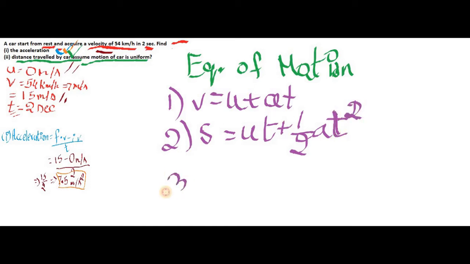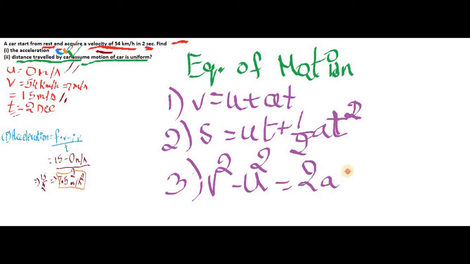What is the third one? Recall it very quickly. It is v square minus u square is equal to 2as. So these are the basic equations of motion. Learn them very thoroughly so that you can do any question at your fingertips.